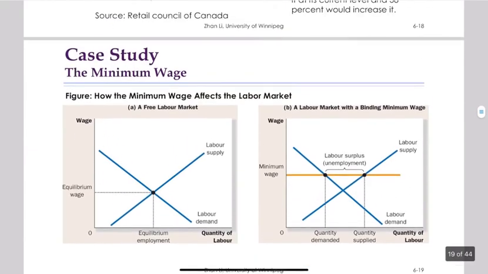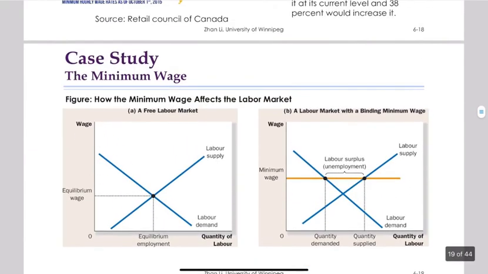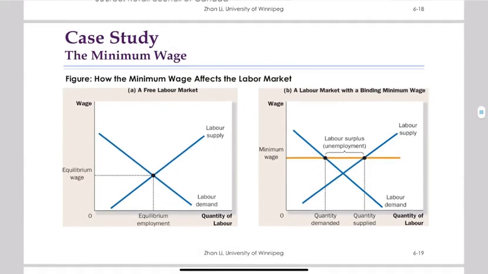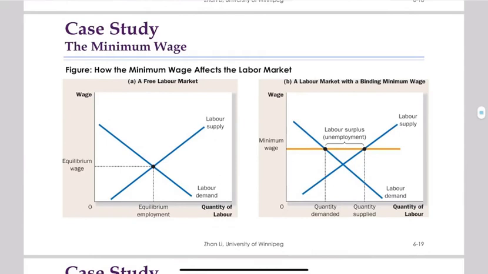So what's the effect of minimum wage? Well, let's analyze this using the classic demand and supply curves. First, we're looking at a free labor market, that is, a labor market without minimum wage. So we're looking at the equilibrium wage and equilibrium employment.